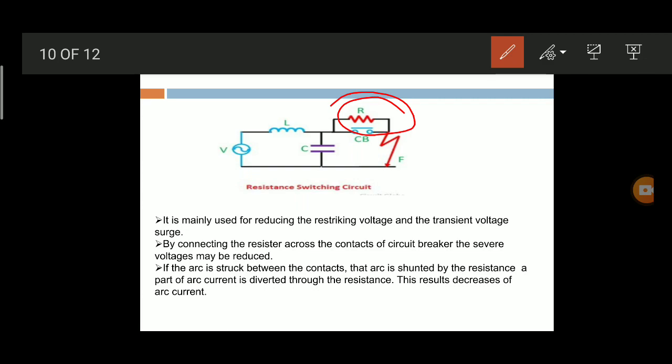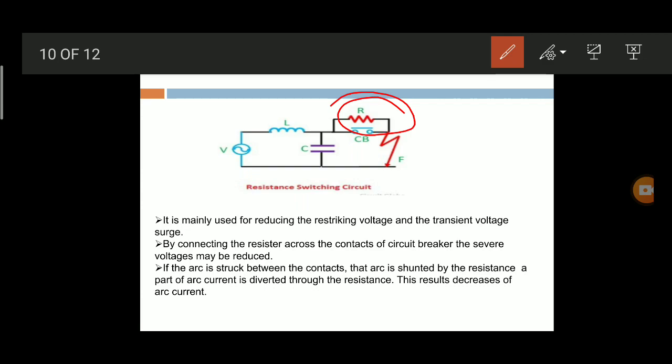This build-up process continues until the current becomes so small that it fails to maintain the arc. Now the arc is extinguished and the current gets interrupted.